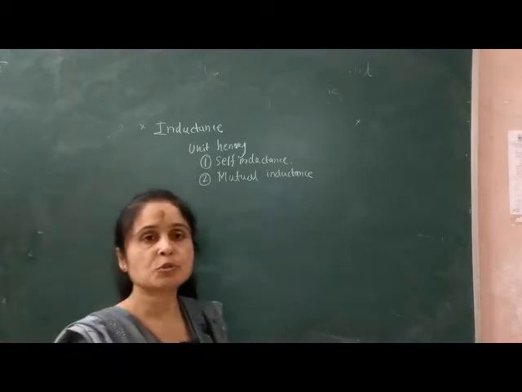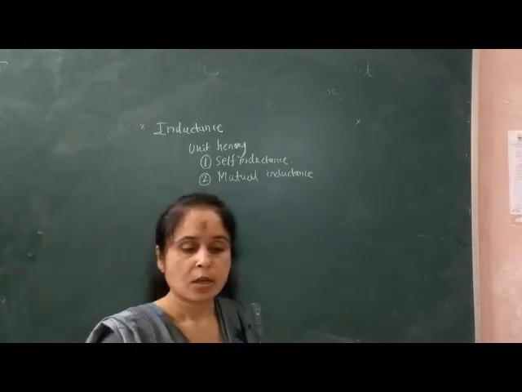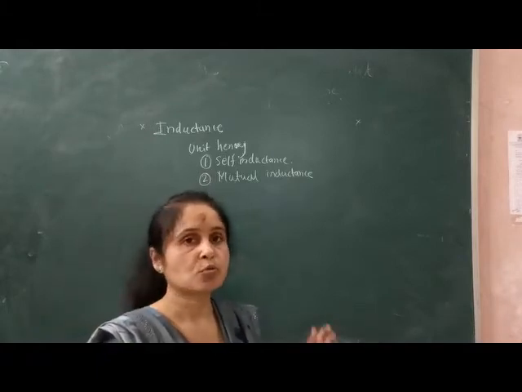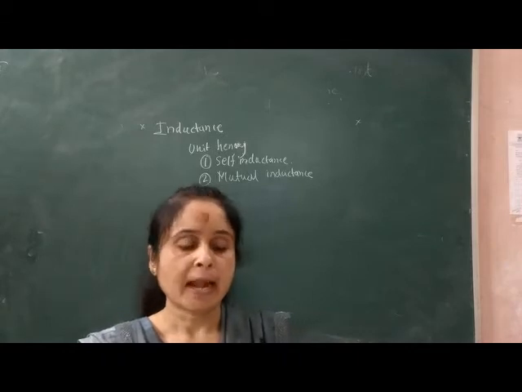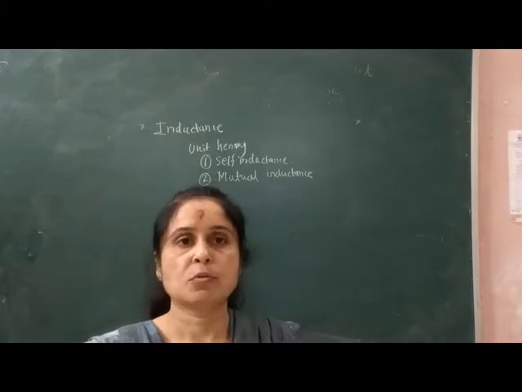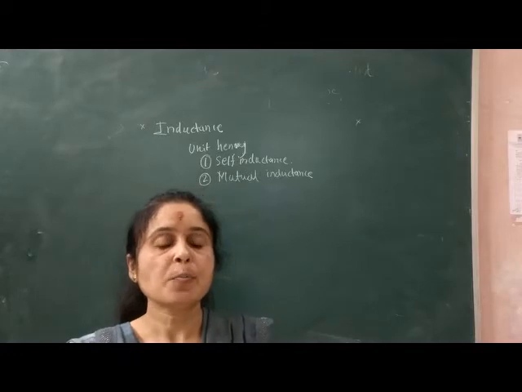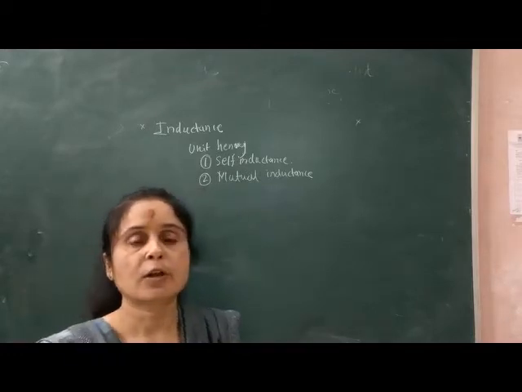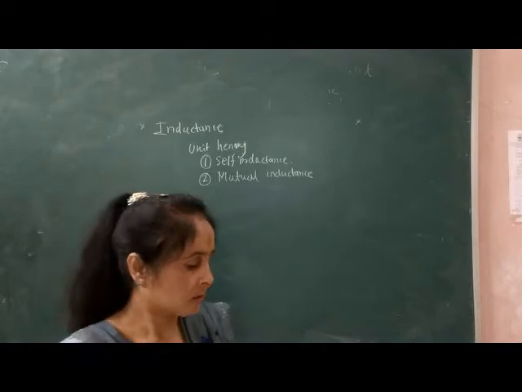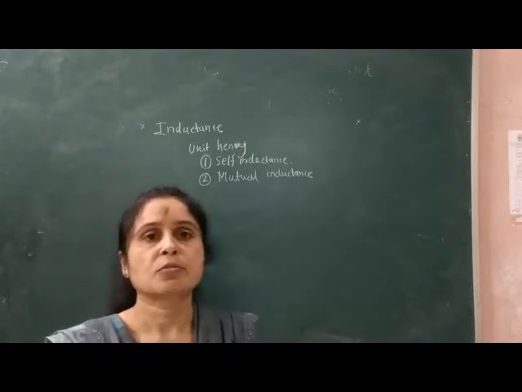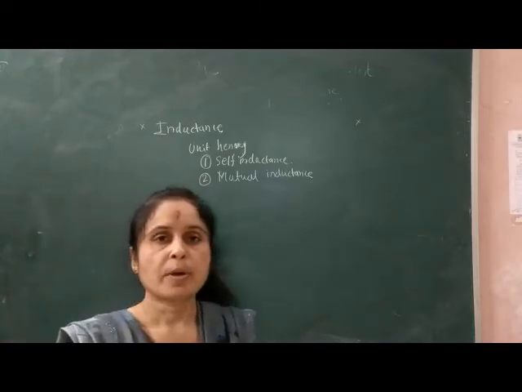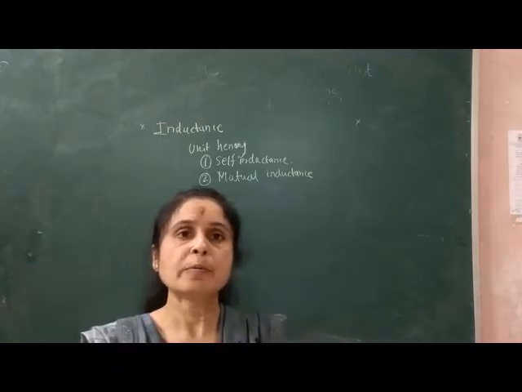Secondly is mutual inductance. In mutual inductance, two coils are fixed together, and the current flowing through the coil in the primary produces an electromagnetic field that links from the primary coil to the secondary coil.